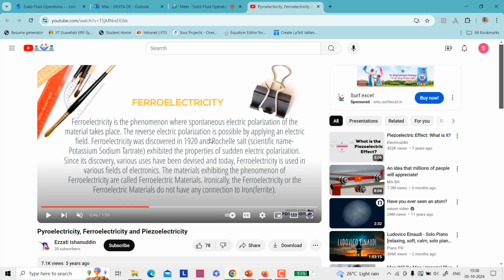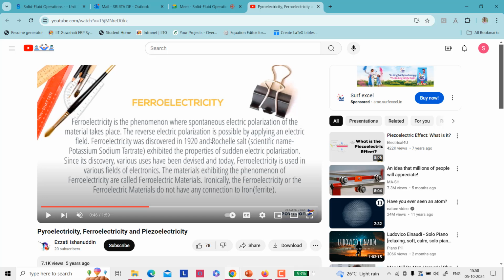Ironically, ferroelectric materials do not have any connection to iron. From the name itself you might think it is a kind of magnetic property, but it is not. So ferroelectricity is a phenomenon where spontaneous electric polarization of the material takes place.